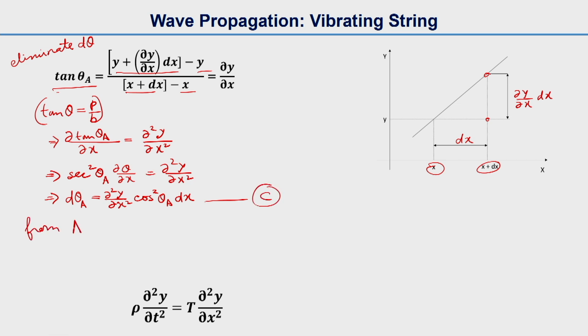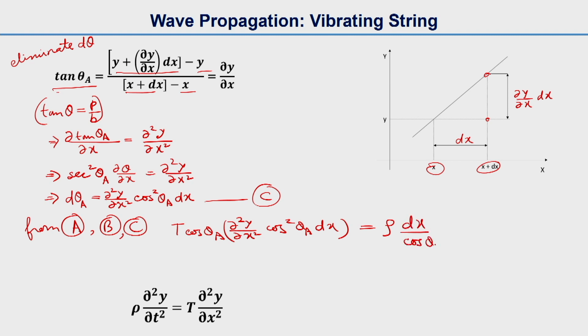So from a, b and c, what we can get is t cos theta a cos square theta a dx is equal to rho dx cos theta a second partial of y with respect to t squared, and this will give you t cos to the power 4 theta a second partial of y with respect to x squared equal to rho second partial of y with respect to t squared.